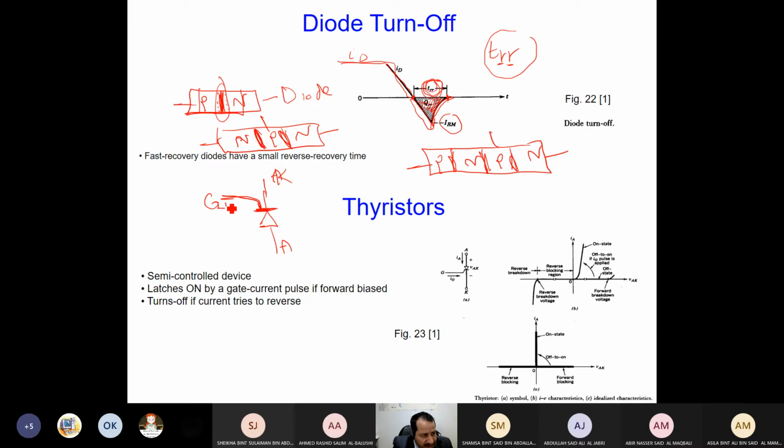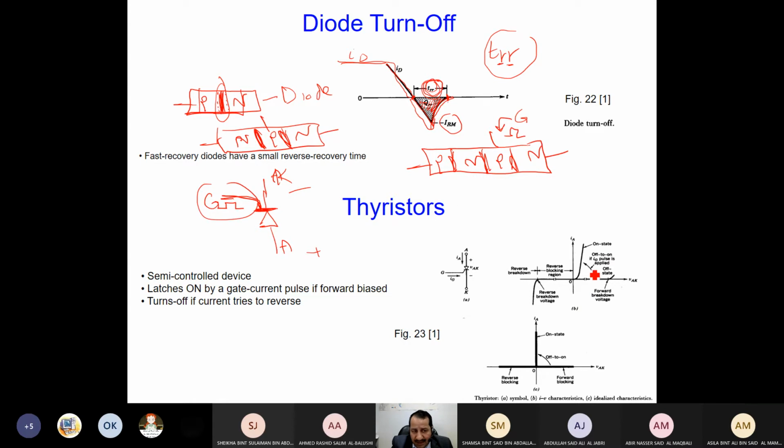We send a small pulse to the gate here. When we send it, it will conduct. It means without sending the signal, even if the voltage is positive, positive here, negative here, we apply forward voltage, the thyristor will not conduct until we send the gate signal.